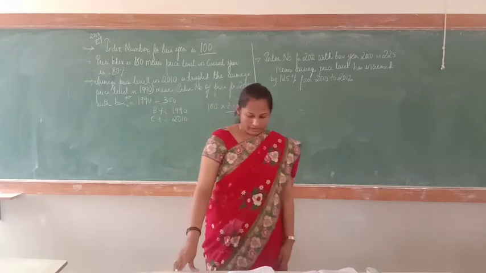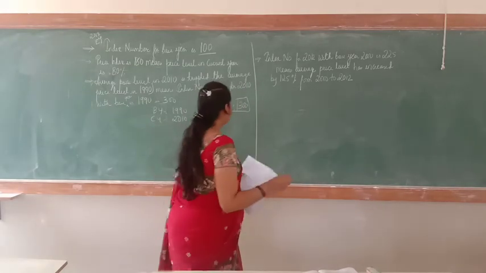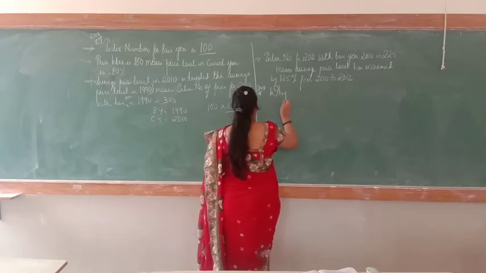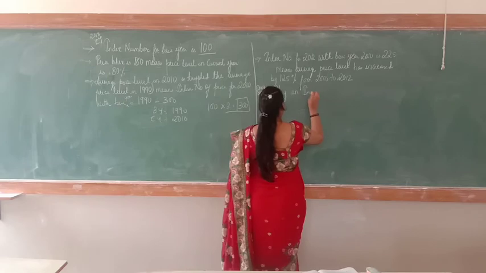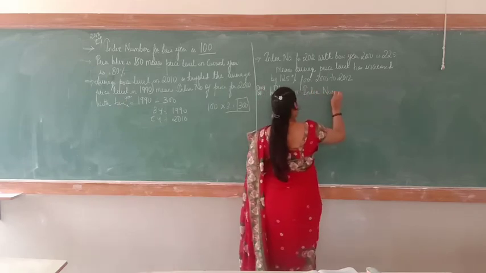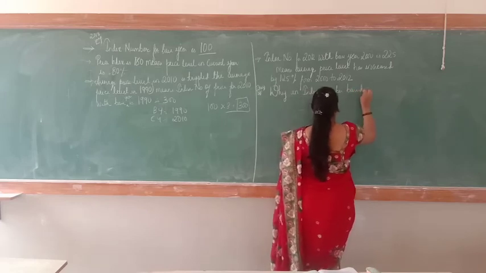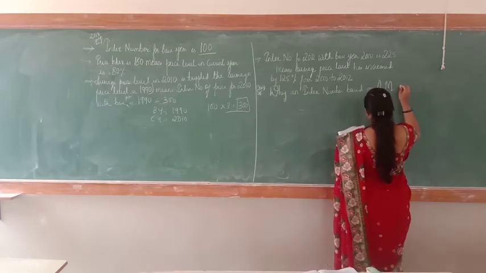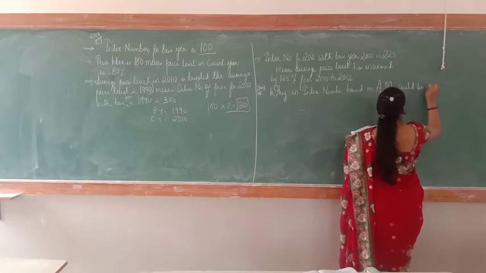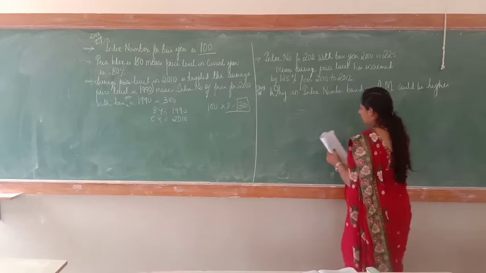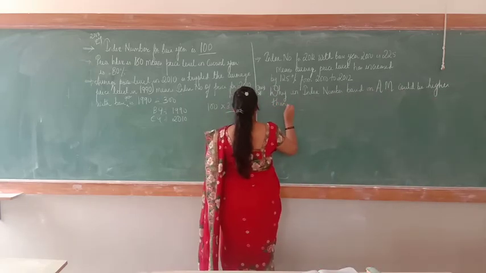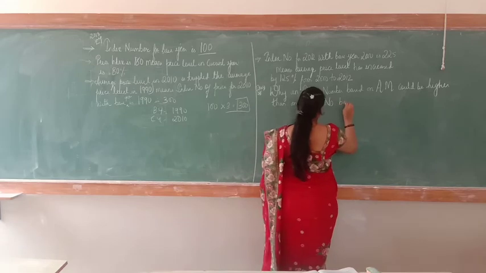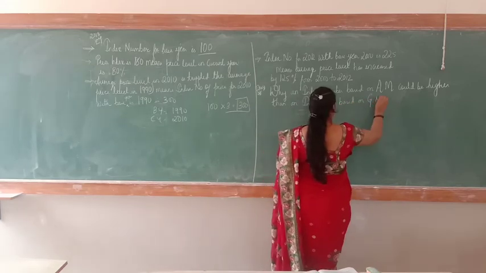So this was unweighted. Now one more question will be asked. It is a main question and very important: why an index number based on arithmetic mean could be higher than an index number based on geometric mean.